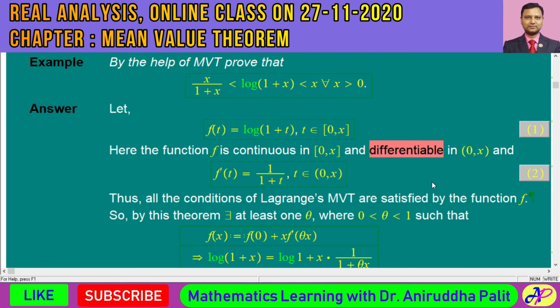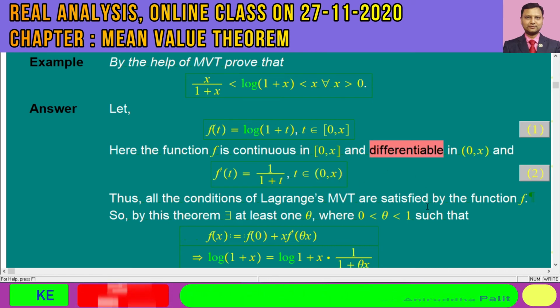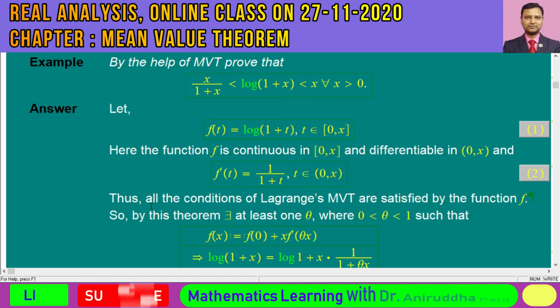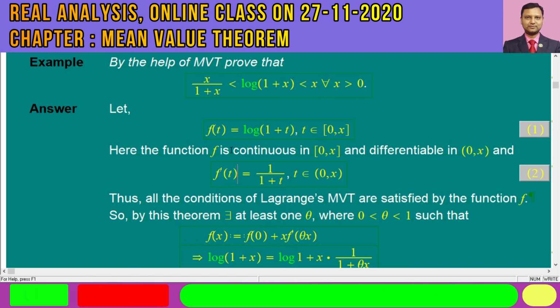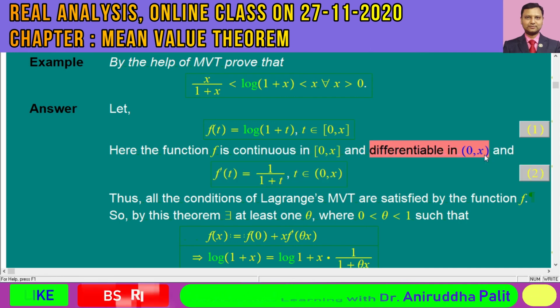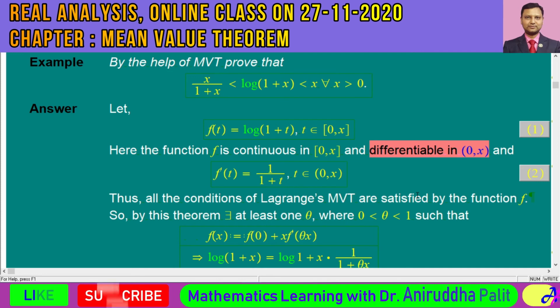Therefore it is differentiable in the open interval. So this much we will have to write in the exam at least. Thus we observe that the conditions of the mean value theorem, that is continuity in the closed interval and differentiability in the open interval, are satisfied.